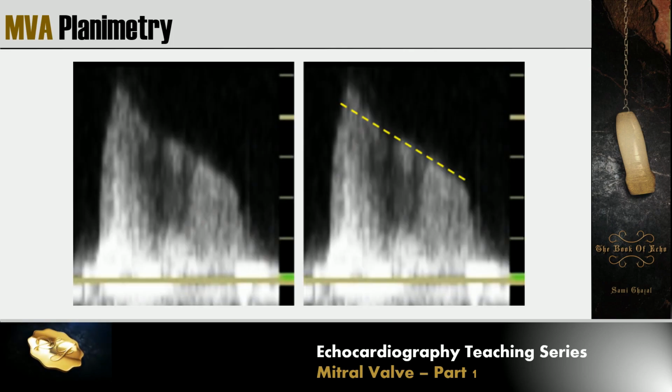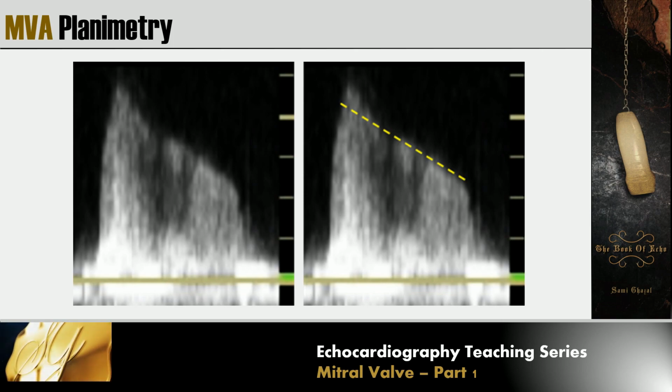Now we have also the pressure half time for mitral valve area, which is a well-validated method that comes with its limitations that we already spoke about. As mitral stenosis gets more severe, the pressure declines more slowly and the LV filling takes a longer time. So pressure half time becomes prolonged.